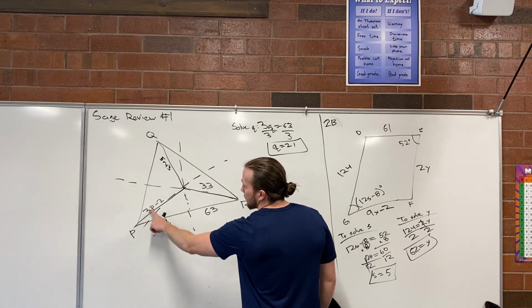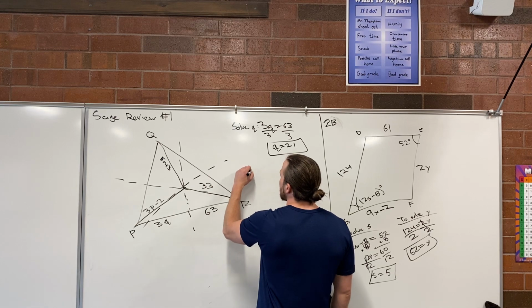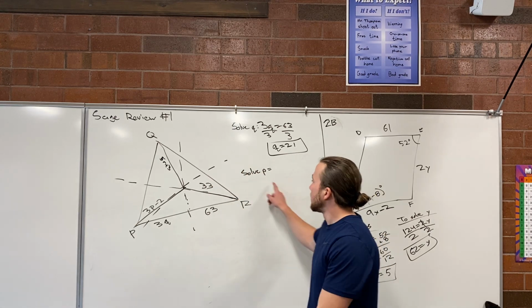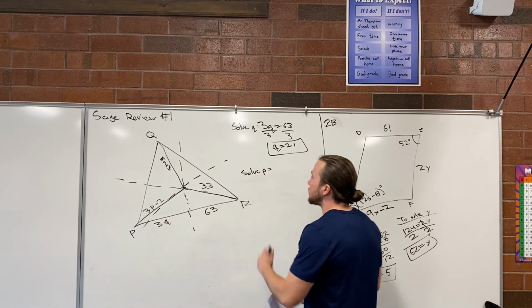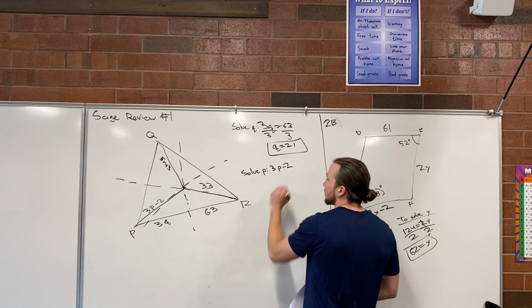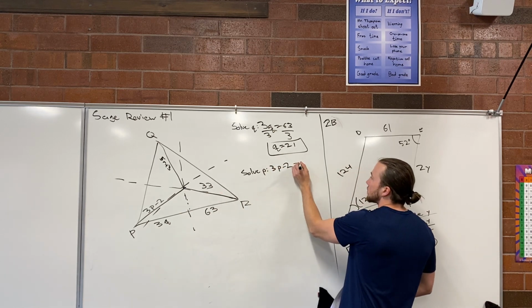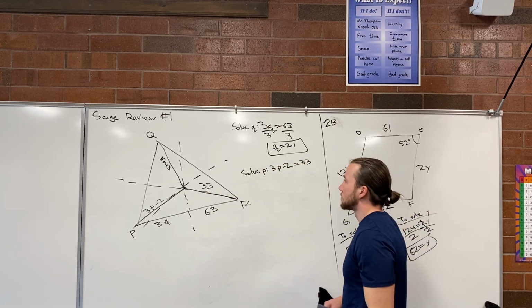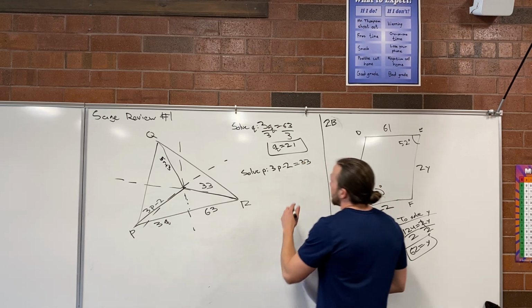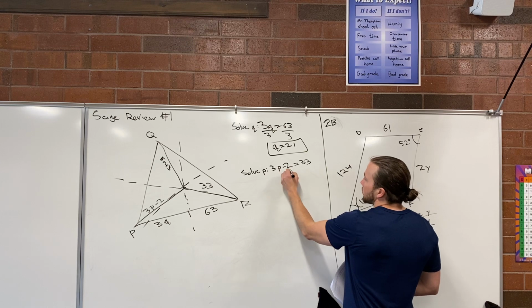So the first thing I'm going to do if I want to solve for p, so we'll solve p here. 3p minus 2 equals 33. First thing we're going to do is add 2 to both sides.